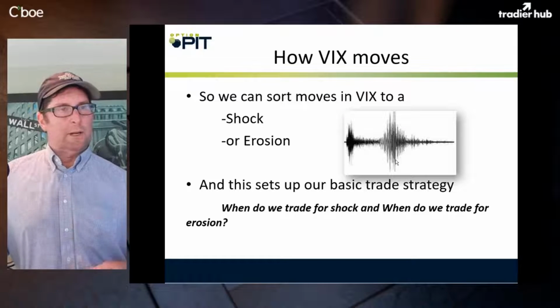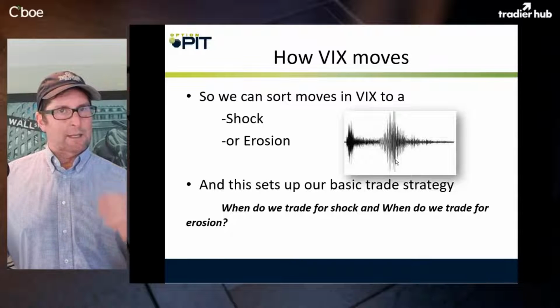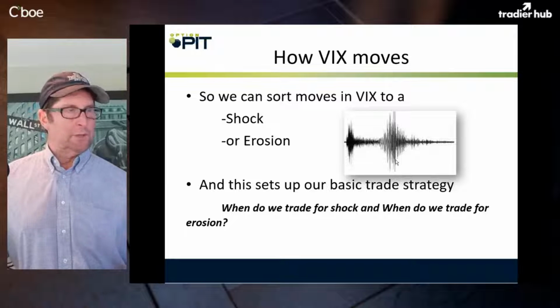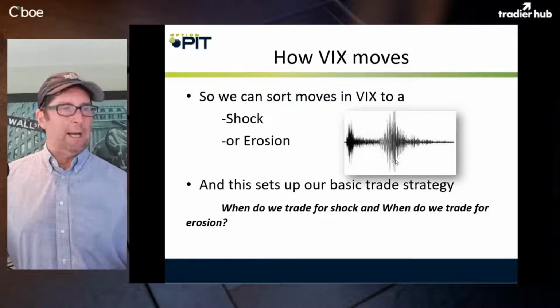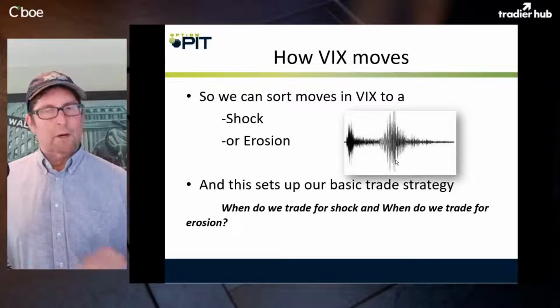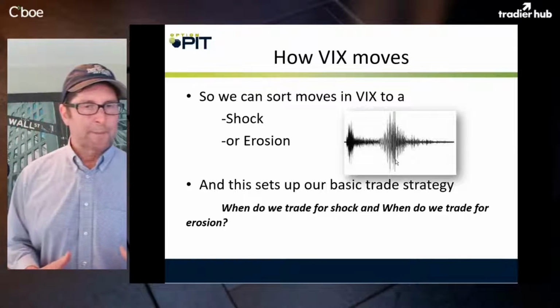So how I trade or create VIX trades is I think of it two ways. You have a shock trade or an erosion trade. A shock trade is basically when I think VIX is going to fly. So I think the cash is going to jump higher, or I think the cash is going to drop lower, sharply.